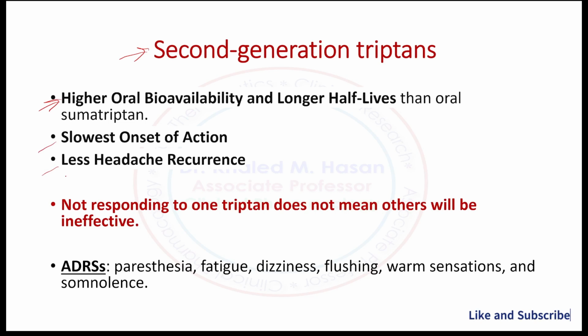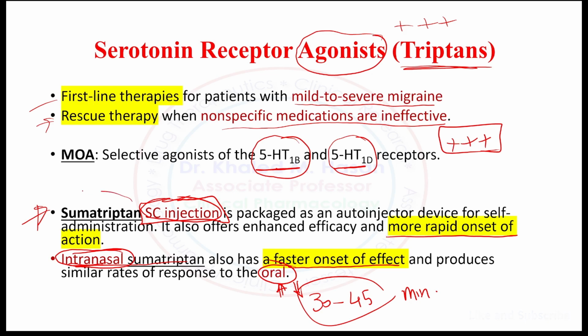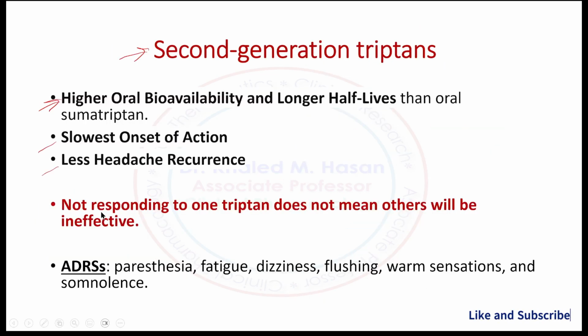The issue here: let me say you prescribe sumatriptan to your patient. After, for example, 6 months of treatment, the patient comes back to the clinic and suffers from another attack of migraine, and you feel that sumatriptan is not effective. We can switch the patient to another triptan.